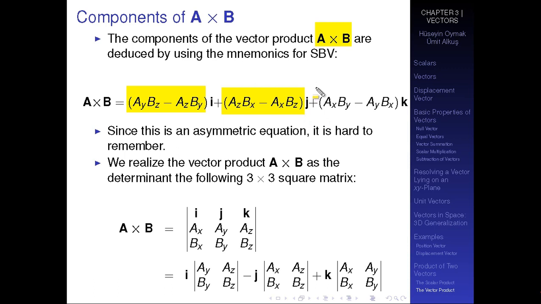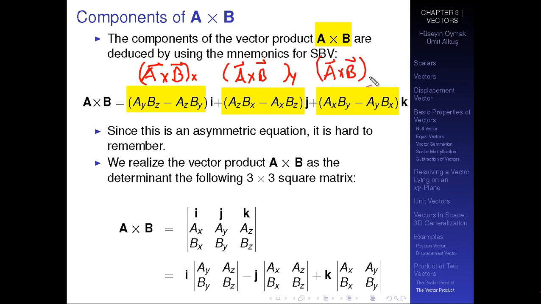And finally, the z component of A × B is equal to AxBy minus AyBx. And using the unit vector notation, you can construct A × B as this equation. This seemingly awkward equation is asymmetric, and this makes it hard to remember.